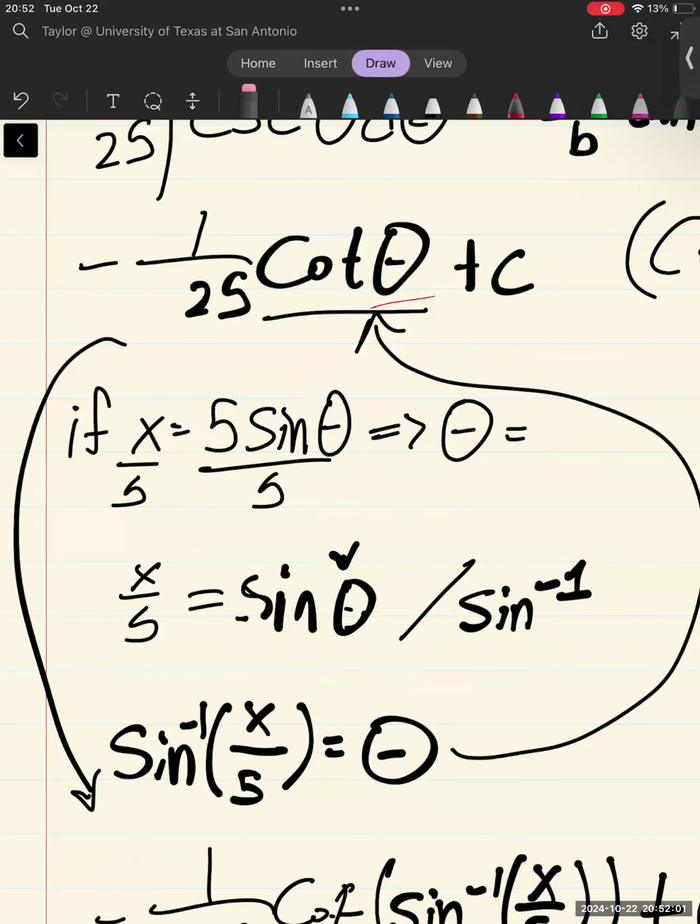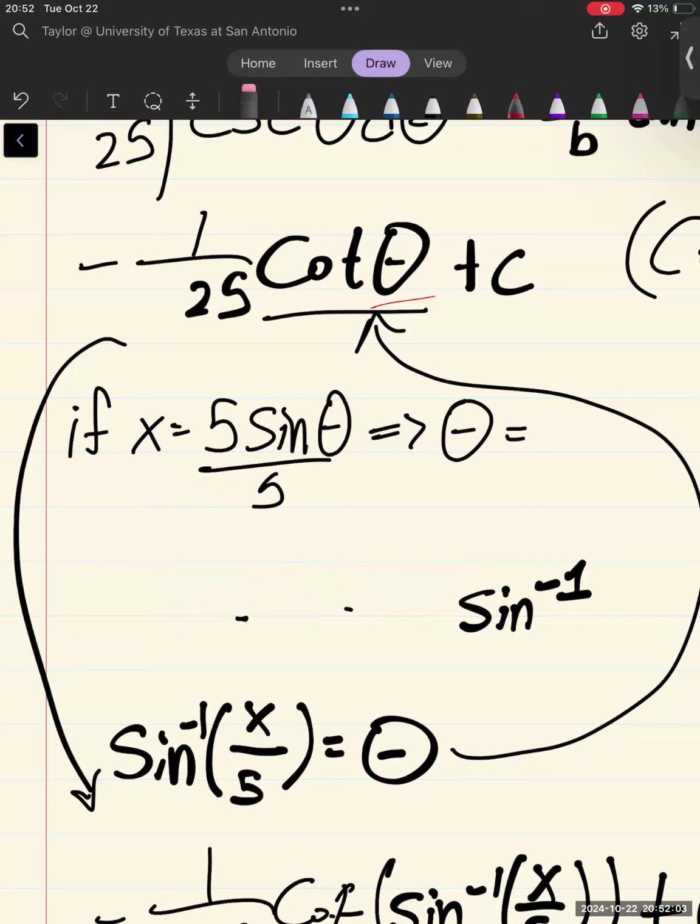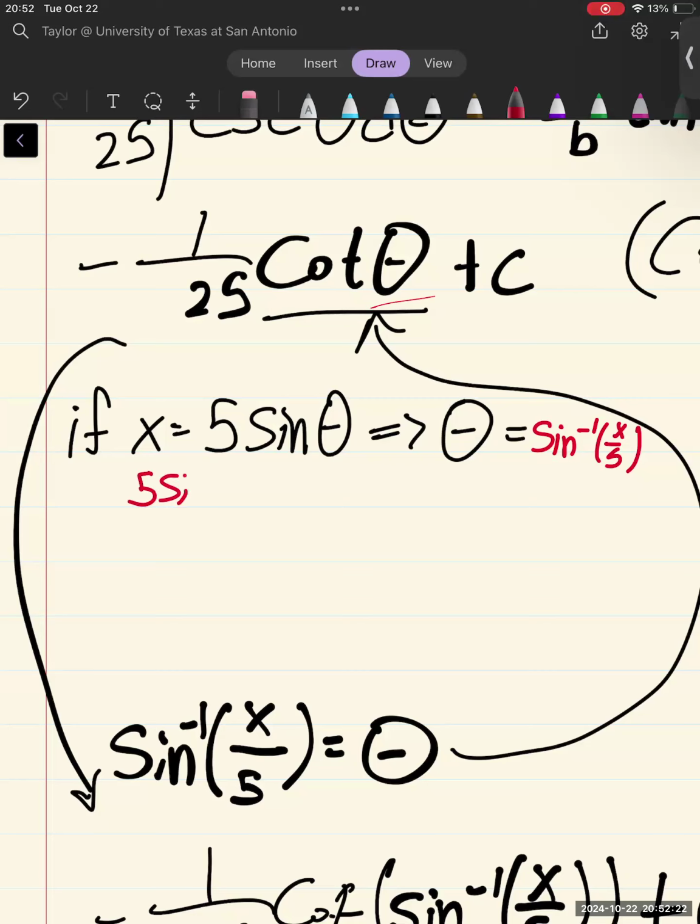Let me erase this real quick, and then I will rewrite the whole statement. If x equals 5 sine theta, then theta equals sine inverse of x over 5. So I have 5 sine theta equals x. I'm going to divide by 5, giving me sine theta equals x over 5.